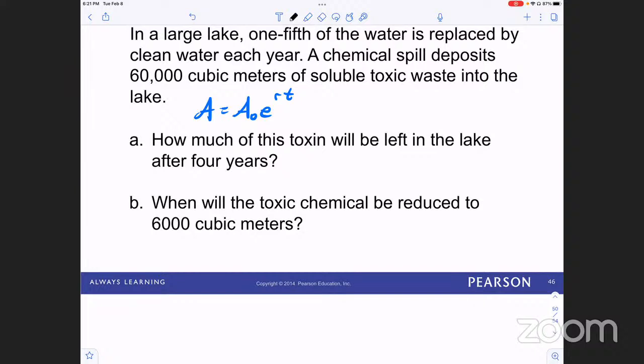So for part A, it looks like our A naught is 60,000 cubic meters. A rate, because it's kind of being filtered.